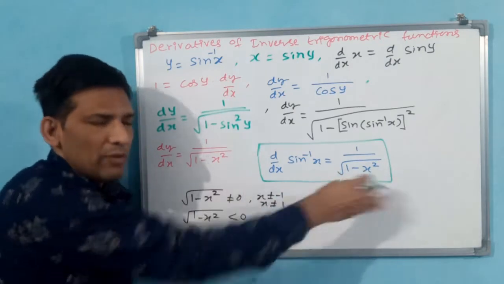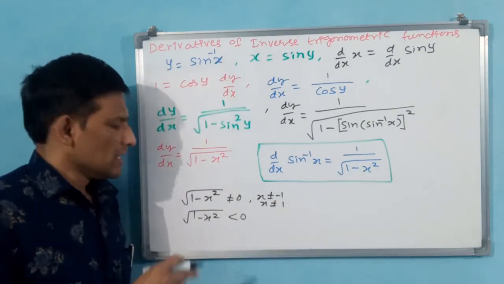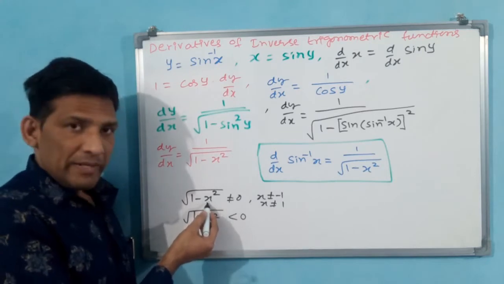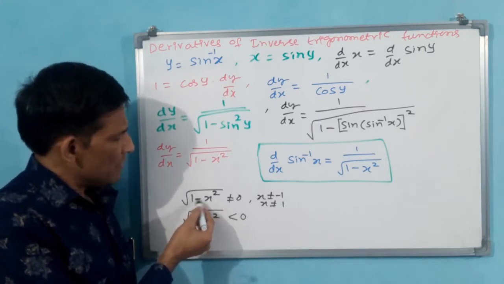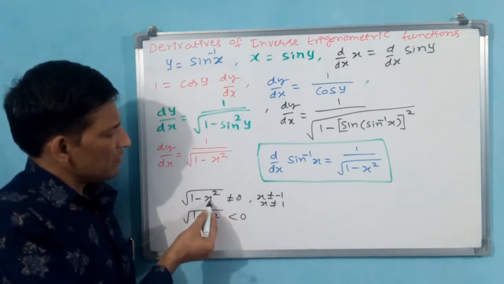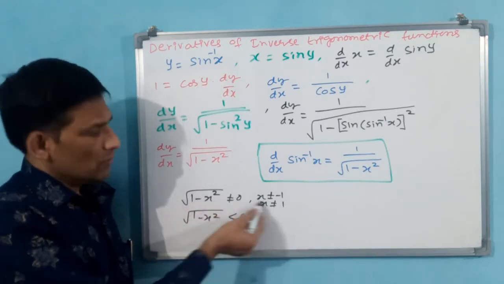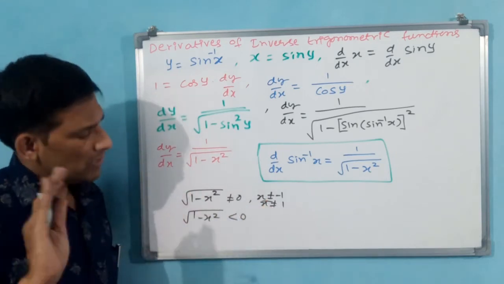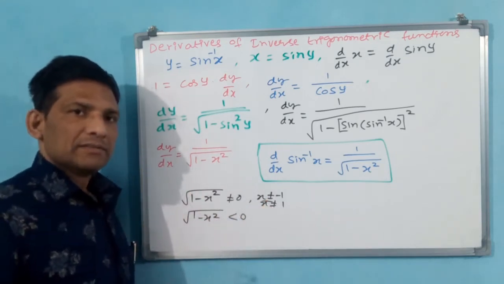We are proceeding with the domain, but slowly we are reaching it. You see, x is 1 means 1 square is 1, 1 minus 1 is 0. Denominator is going to become 0. Minus 1 also, minus 1 square is 1, 1 minus 1 is 0. That means x should not be minus 1 and x should not be plus 1. What about beyond 1?